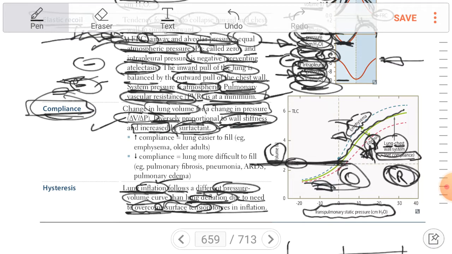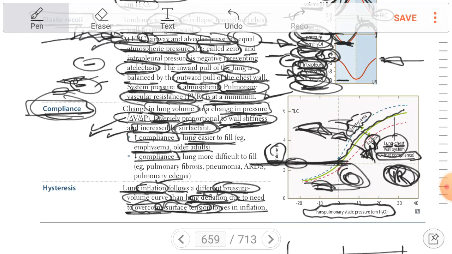So here there is an increase in compliance, in which case the lung is easier to fill, in obstructive conditions like emphysema and in older adults, and the curve goes to the left. Why? Because restrictive is R, to the right. So obstructive, O, in any shape, emphysema or any other, goes to the left.